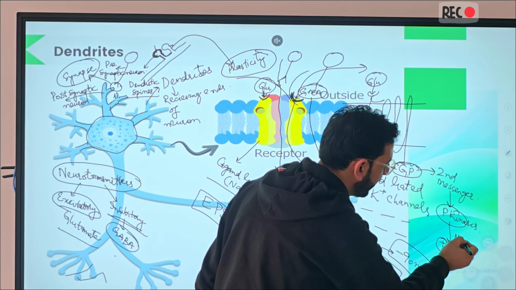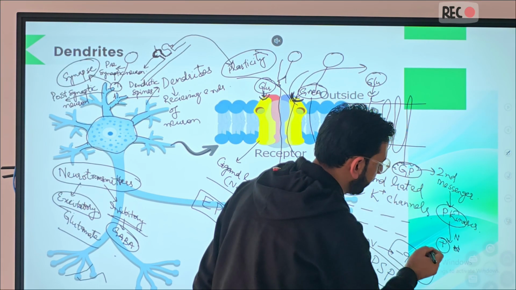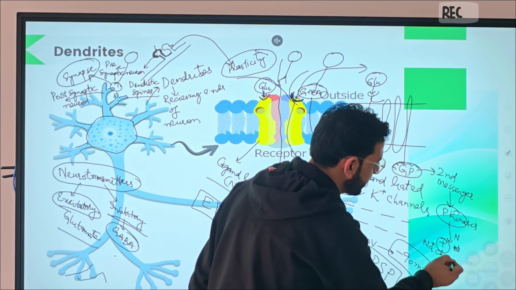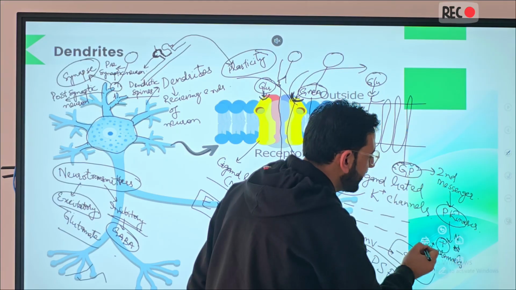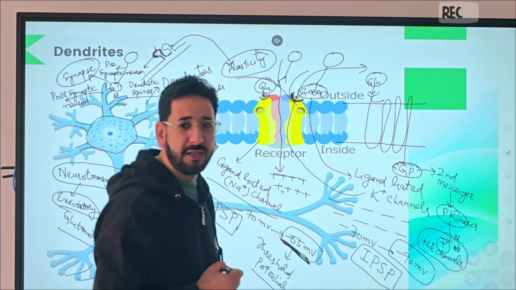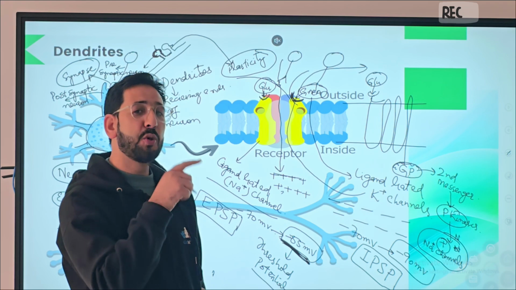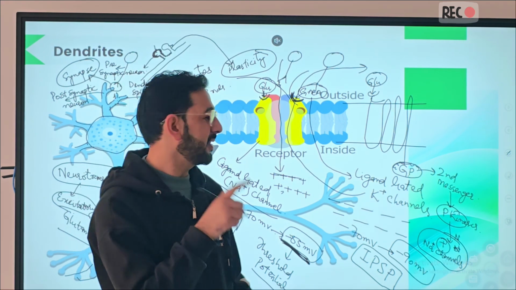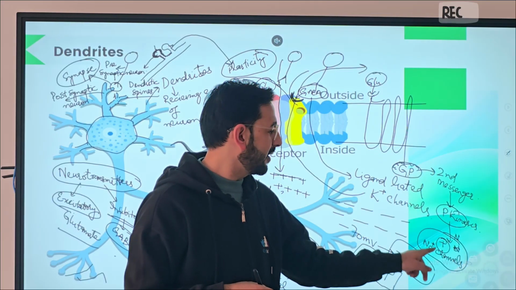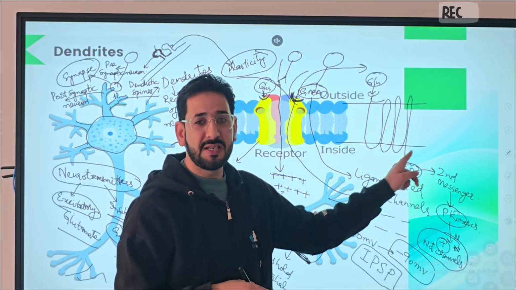That means it is stimulating the sodium channels, but not using the ligand gated sodium channels. These sodium channels will be stimulated by means of the second messenger system.